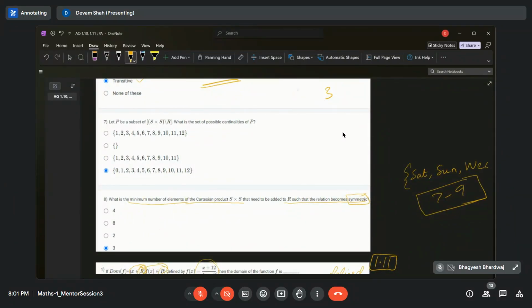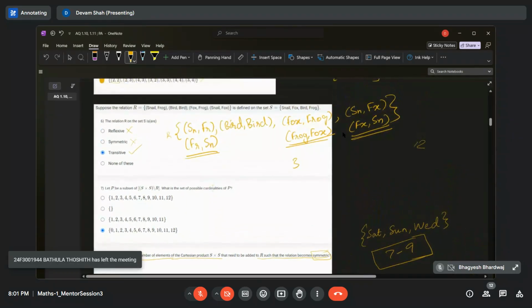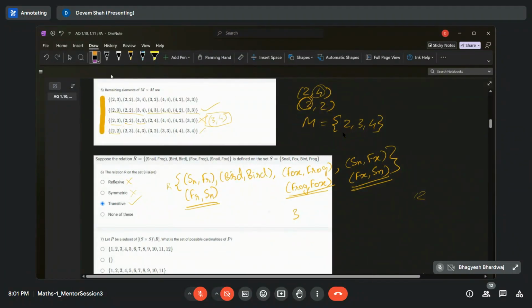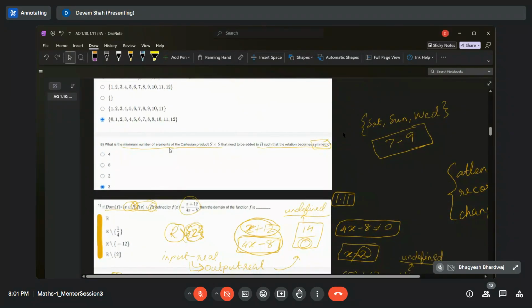Anyone, any doubts in reflexive, symmetric, and transitive? Excuse me, sir. Can you just repeat the last one? This question, right? The symmetric one. Make it symmetric.